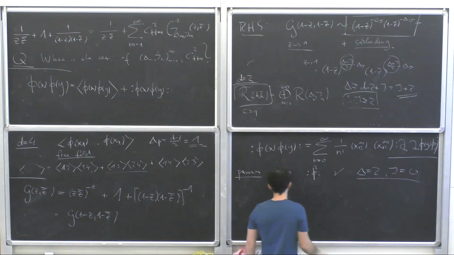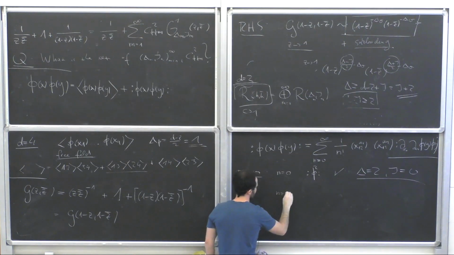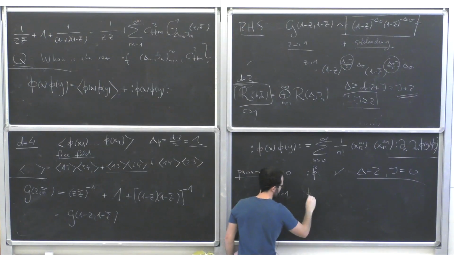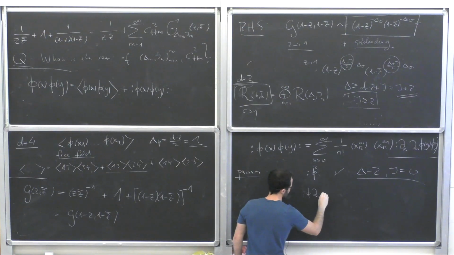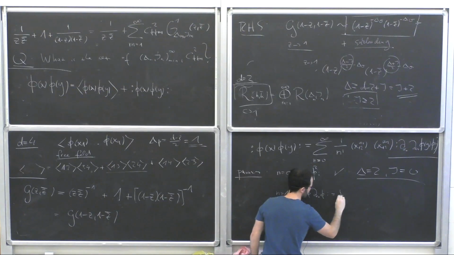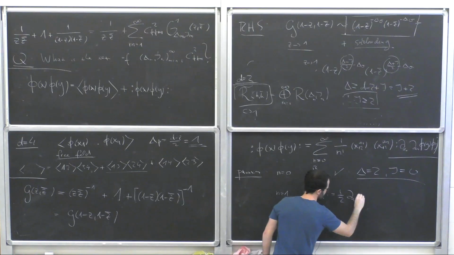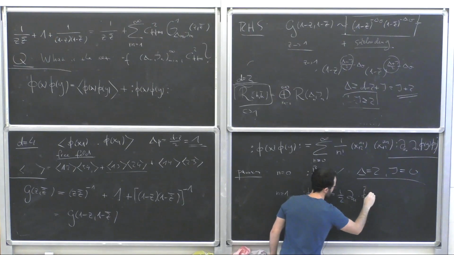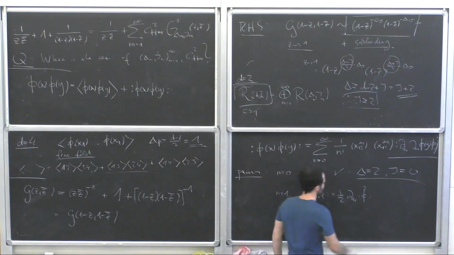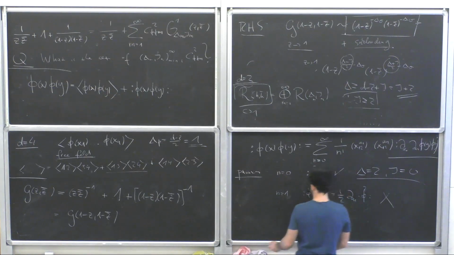Okay. At n equals 1, it turns out there is no primary because there is only one operator, right? And this operator looks like that. And this is actually a descendant of this primary. So at n equals 1, there is no primary.